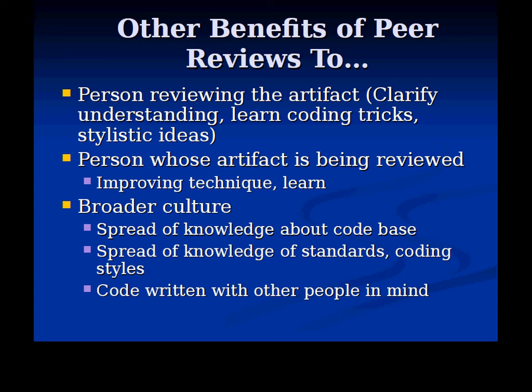Other benefits of peer review. To the person reviewing the artifact, they learn about how the system works. They learn coding tricks, stylistic ideas. It spreads knowledge around in a way that testing isn't as effective. So the person whose artifact is being reviewed, well, they learn how to improve their technique. They learn about how to improve the process sometimes by which they're writing these things. And it spreads knowledge around. This is a key thing, ladies and gentlemen.